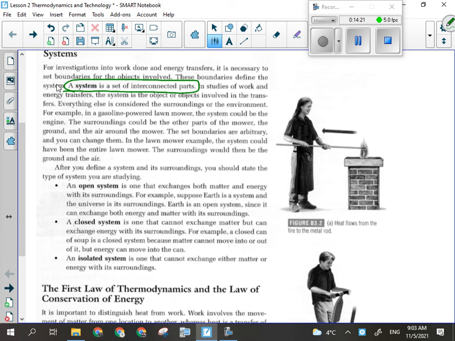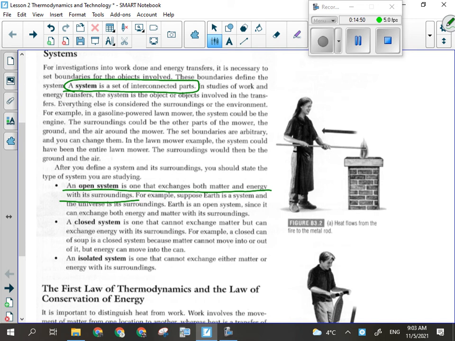That means that they could do work on each other or transfer heat to each other. If they can be in contact in some way and transfer energy to each other, they are a system. Most of the systems that we deal with are open systems. And in an open system, both matter and energy can be exchanged with the surroundings.